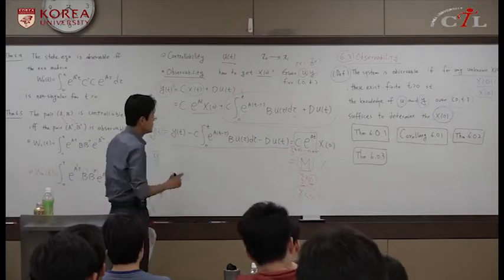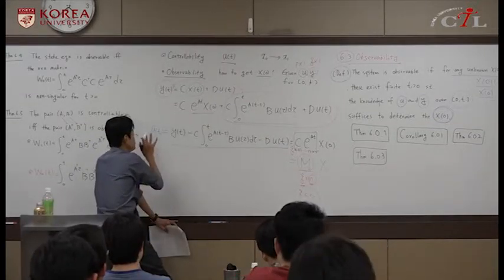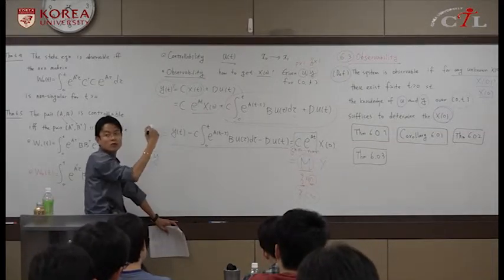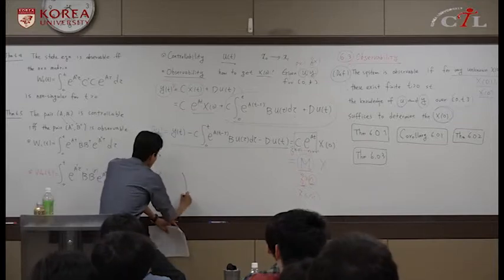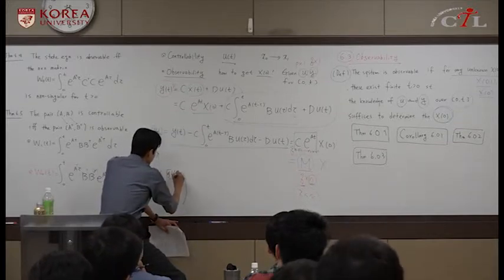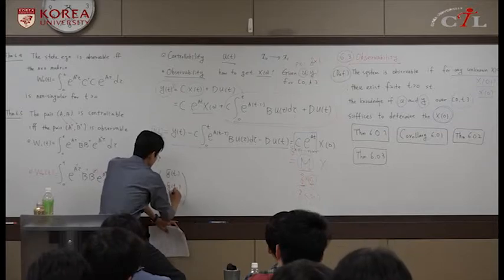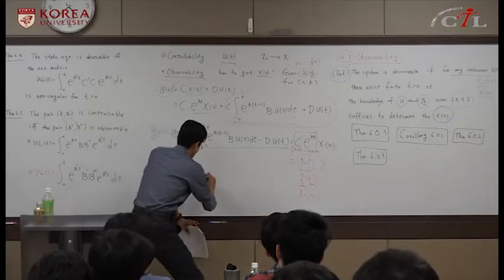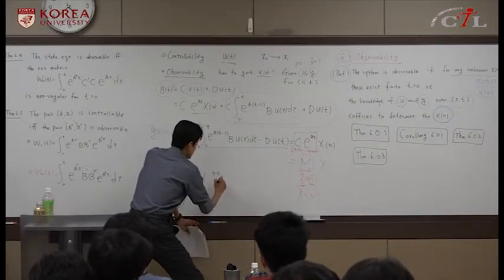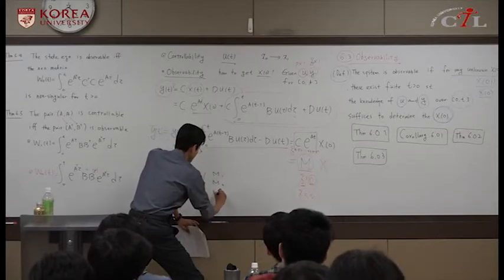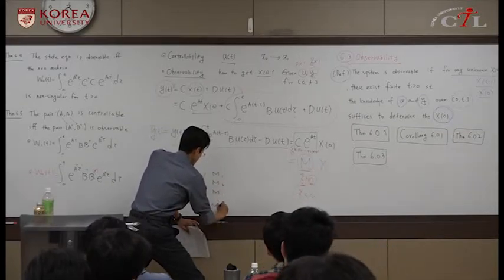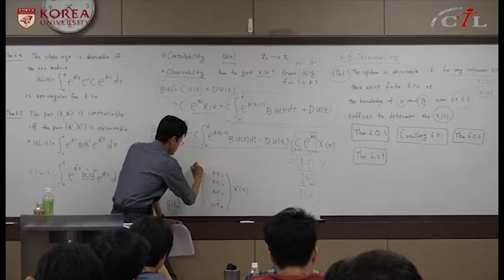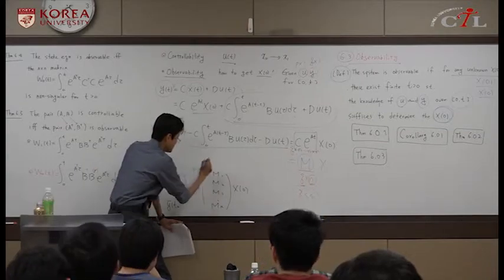So what we can do is this. We do not do that for a specific time being, but we accumulate information as time goes on. So we accumulate the information for y(t1), y(t2), and so on, up to y(tk), equal to M1, M2, M3, up to Mk, times x naught. Then this is kq by n.